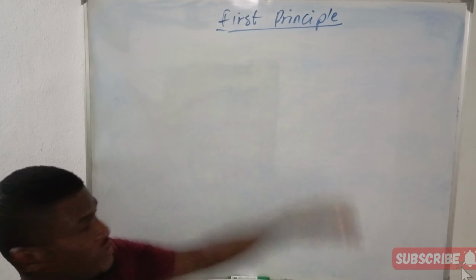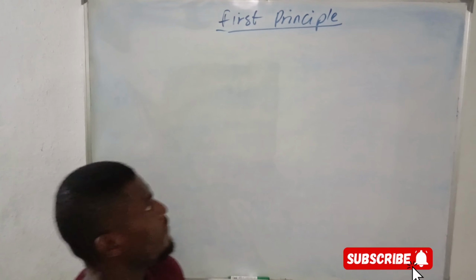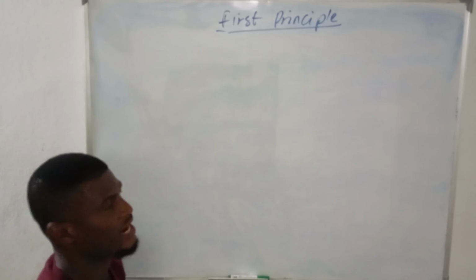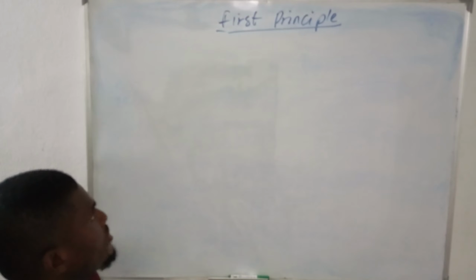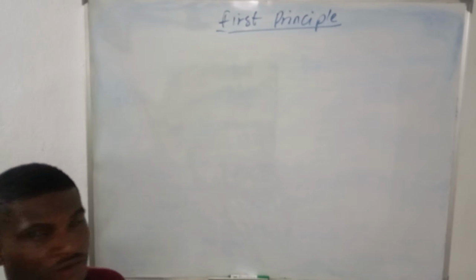Now we'll be talking about first principle. When it comes to first principle, you can either use a formula to solve, or you can derive the formula as you're solving through.